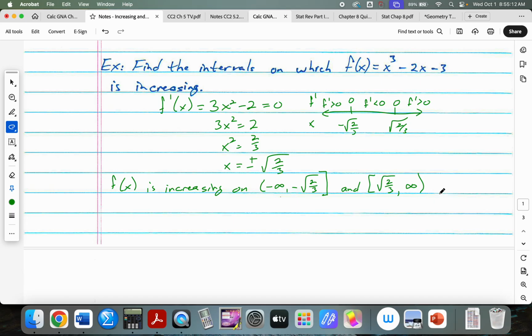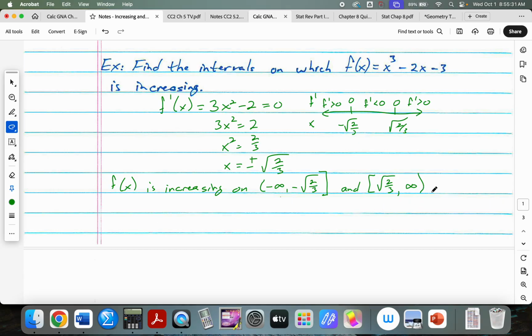Now, what's likely to happen on the AP exam, if they ask you a question like this, they're going to ask you to justify your answer. And at one point, they took what they called a sign chart like this as justification. They no longer do, haven't for years.